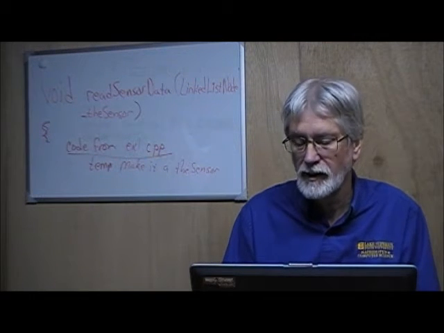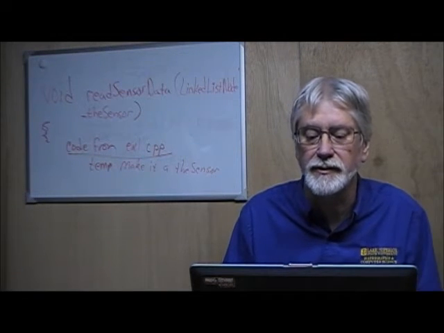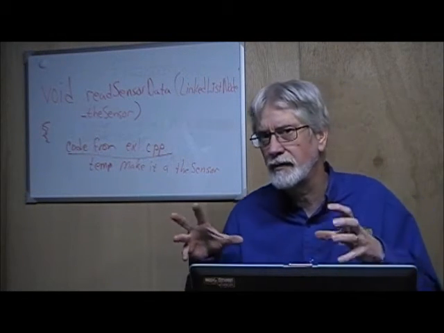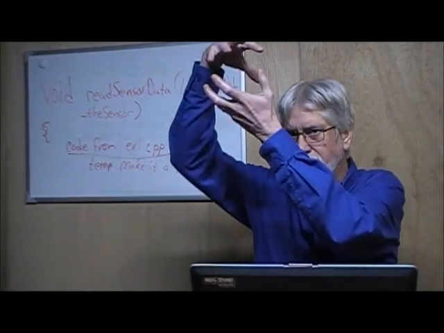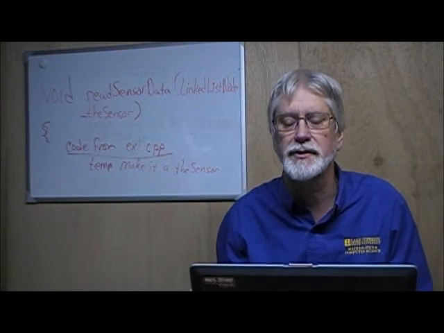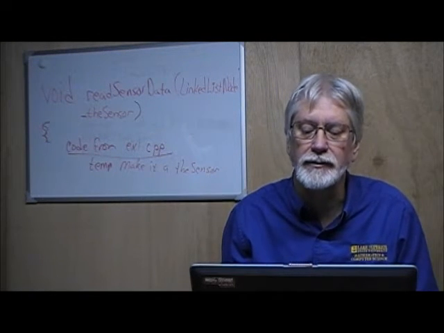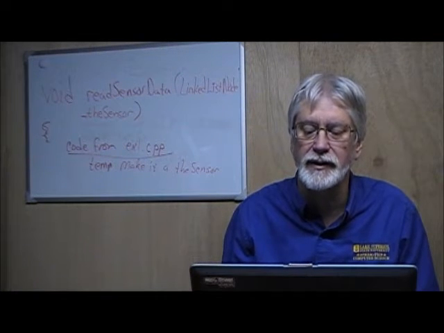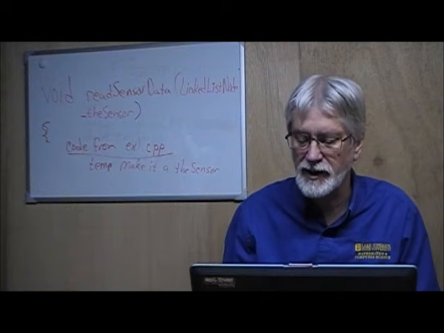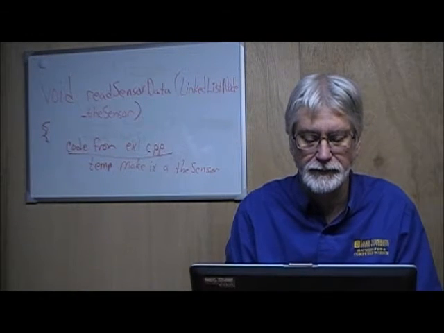Okay, and then we just have our final line that we're adding, and that's the return. So now what I've done is I've taken that code that was in main and I've created a function out of it. And that function's called read sensor data. Okay? Now I can actually just call the function passing in temp, and that will allow me to read in the data.